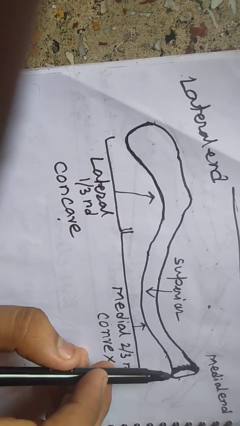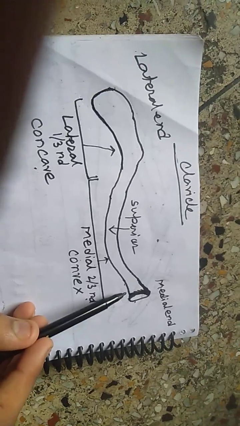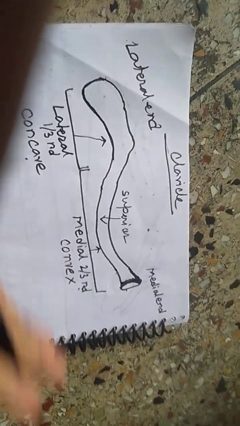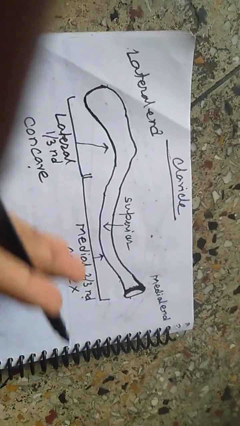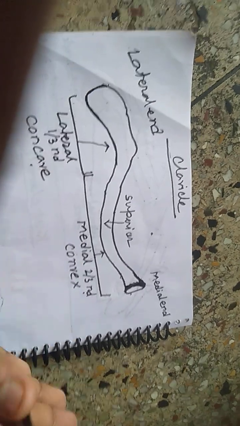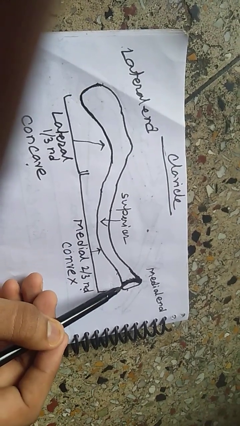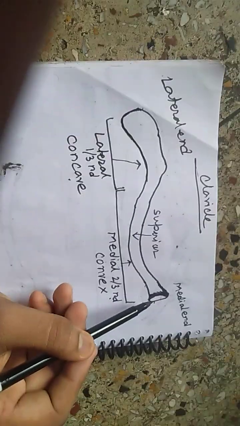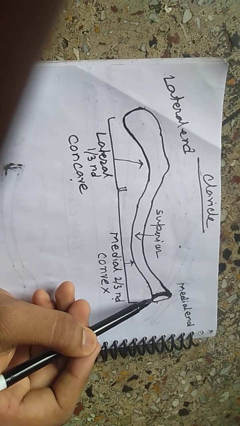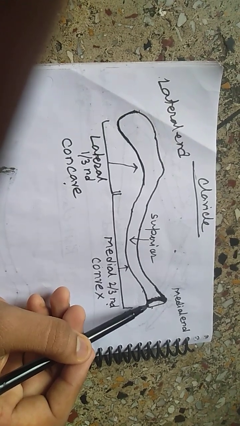Okay, so this is the medial end. Medial end means this is towards our body midline, so it is the right clavicle. Okay, be very careful.